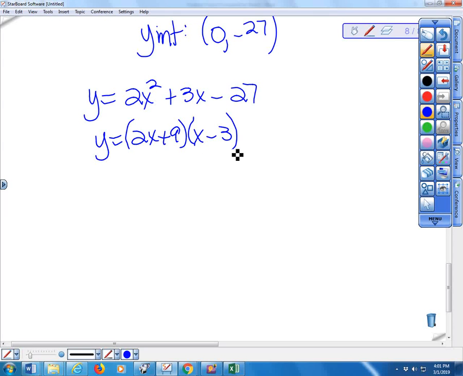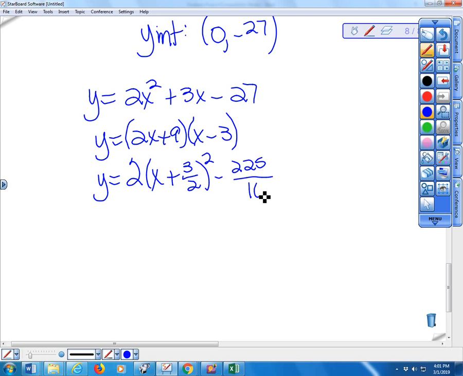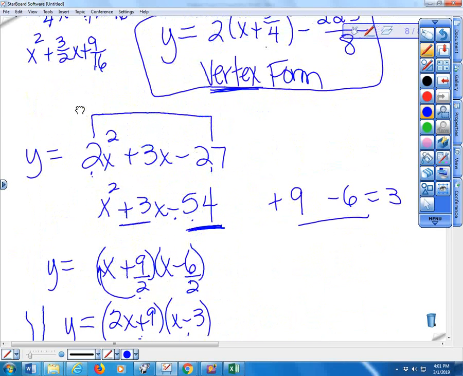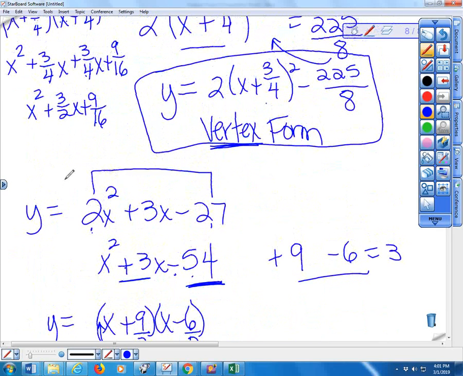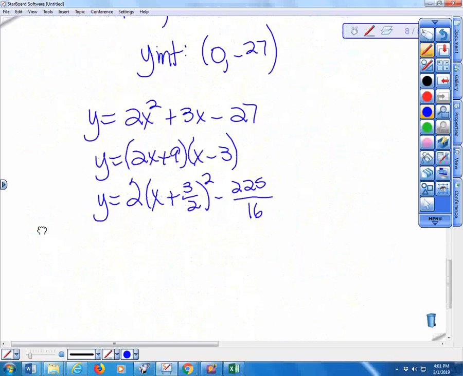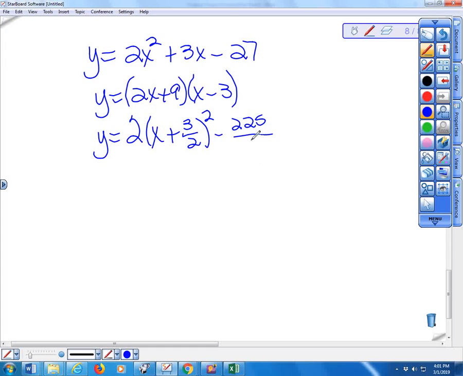And my vertex form was 2 times x plus 3 halves squared minus 225 sixteenths, I believe. I'm going to go back up and just check that. 2 times x plus 3/4 squared minus 225 eighths. So I have to fix that. Memory's not quite what I thought. All right, so this is standard form. This is intercept form.